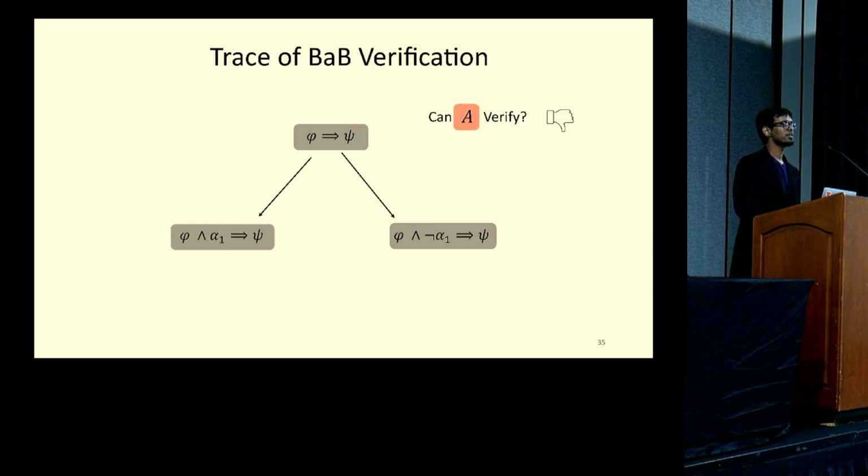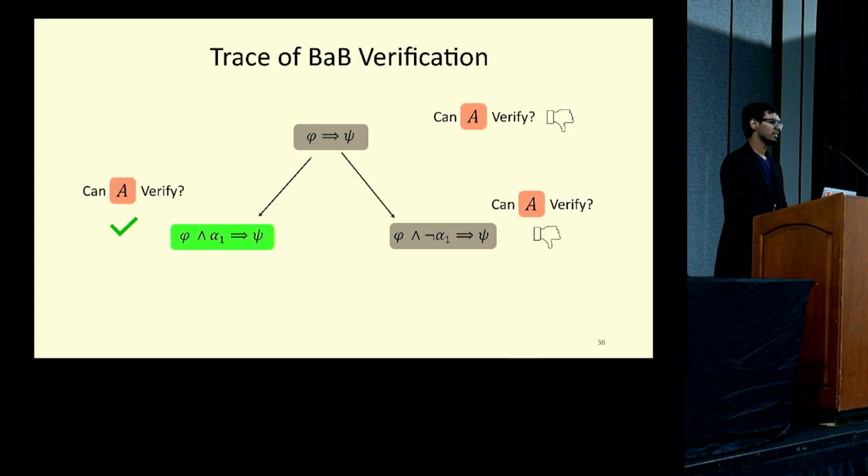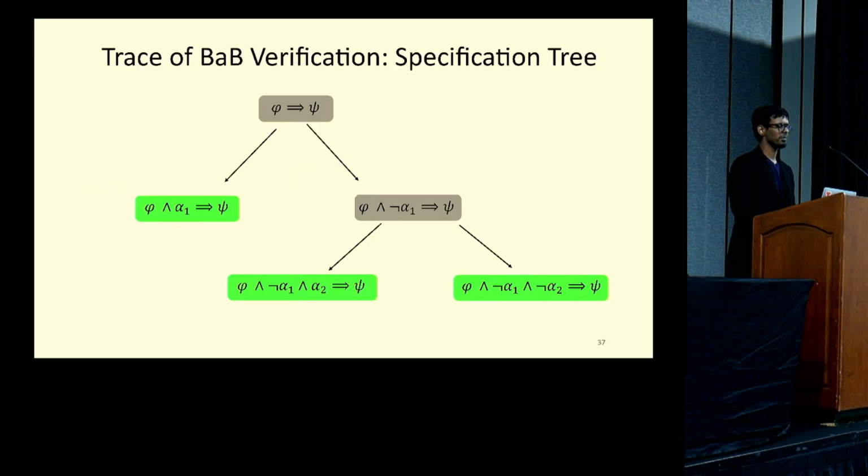The next step is to partition the problem into easier subproblems. Often this is done by using this alpha, which is a linear constraint, and strengthening the preconditions. Again, we try to solve the problems using the analyzer. And suppose we solve one of the problems, we still don't solve one of the problems, and we keep recursively doing this until we solve the whole problem.